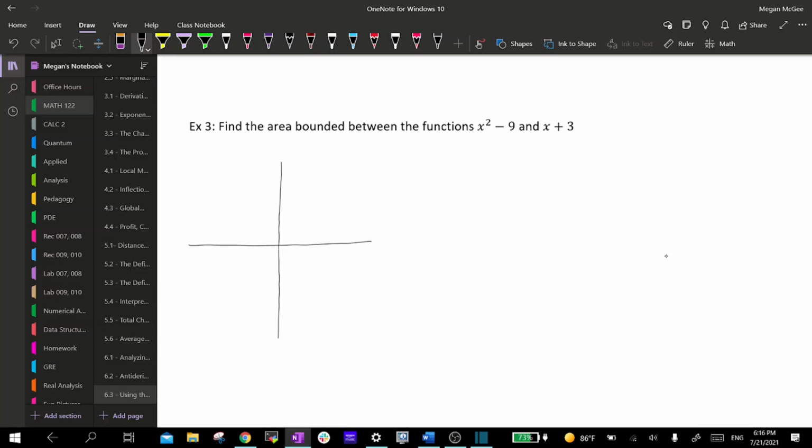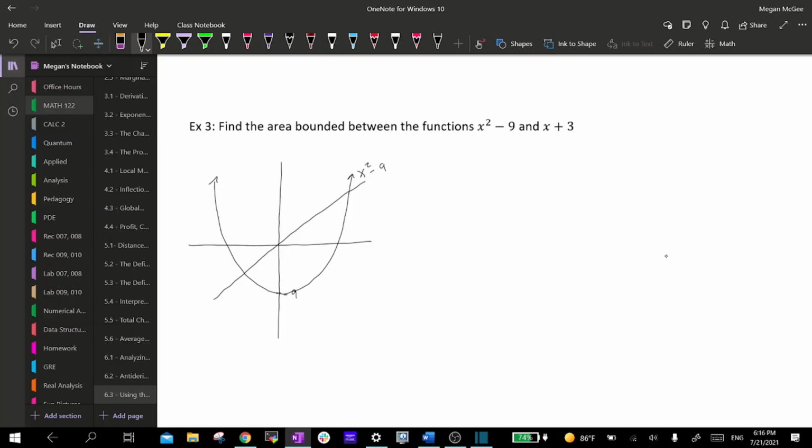So x squared minus 9, well, that is an upwards facing parabola, right? And it's going to be centered at -9. So let's say this is -9. So we're going to have a parabola like this. All right, this is x squared minus 9. And then we have x plus 3. So if we just had y is equal to x, it would be a line like this, right?